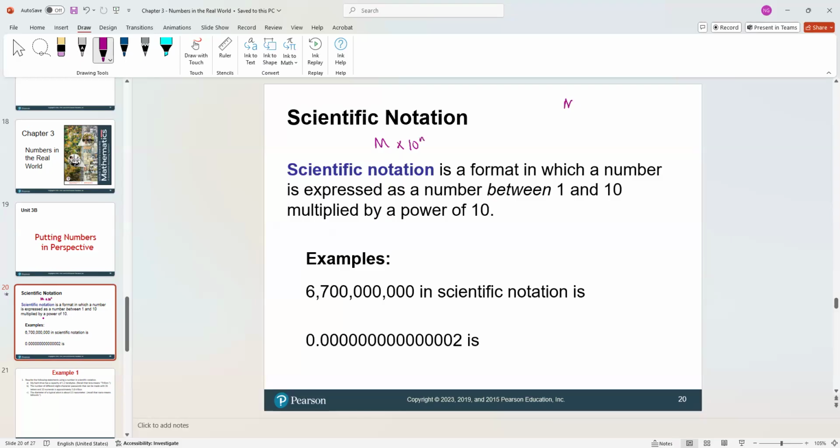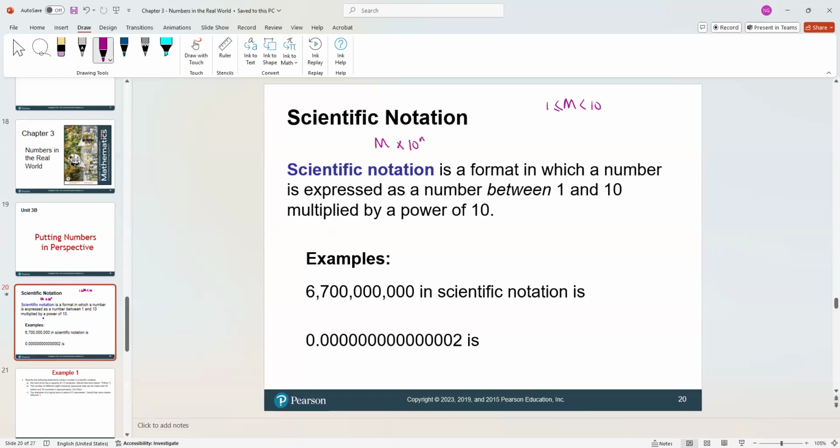So that number must be between 1 and 10. We can start with one, at least one, but no two digits. It cannot be 10. It's 9.999, but not 10. So we express a number in this format by writing a number between 1 and 10 multiplied by a power of 10. Very important to see that.